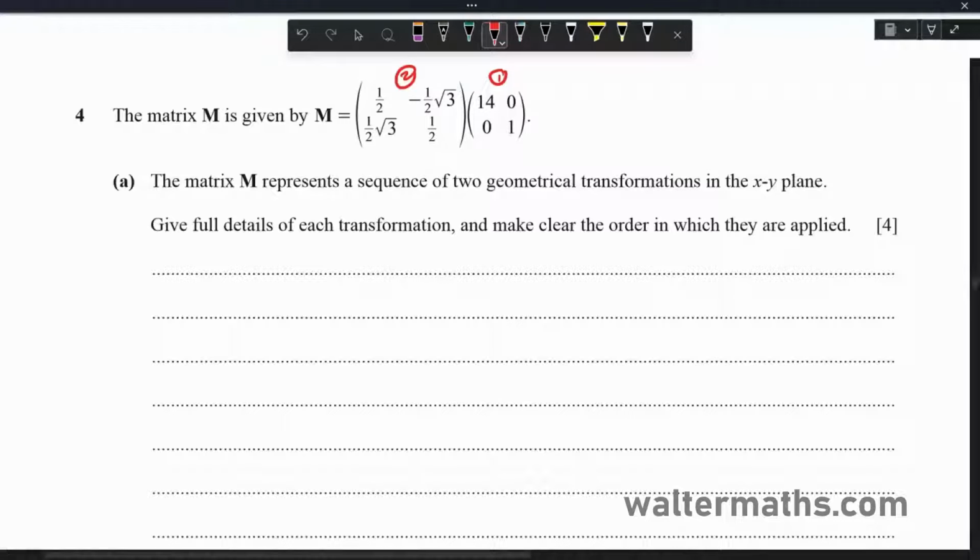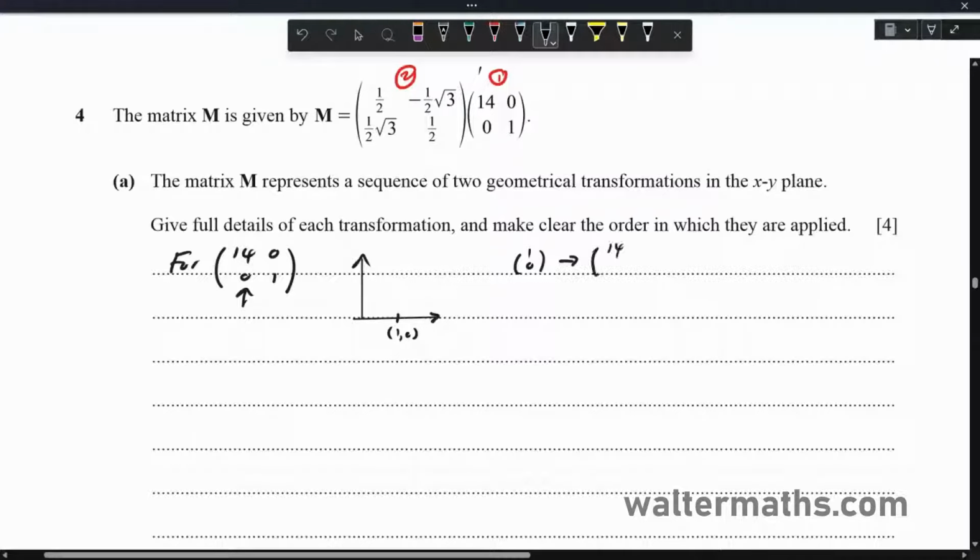All right, so we're going to start with 14, 0, 0, 1, which essentially would mean if we have a point 1, 0, the point 1, 0 is being transformed onto the point 14, 0.